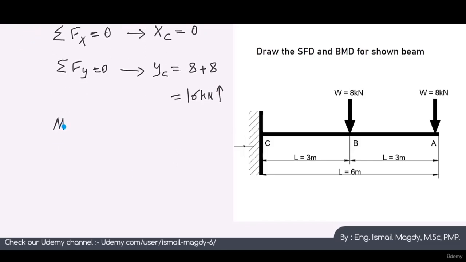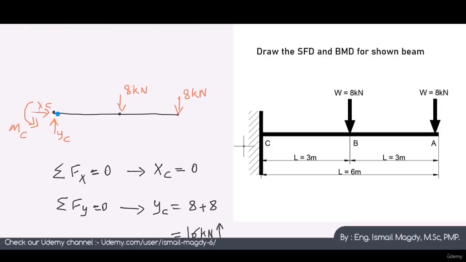Let's calculate the moment MC, which will equal 8 multiplied by 3 plus 8 multiplied by 6. In order to calculate it, we have this force here multiplied by this distance, and this force multiplied by this distance.